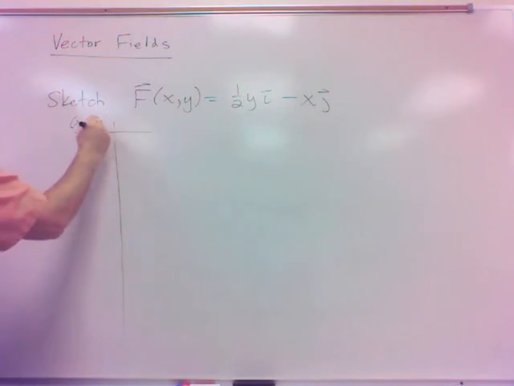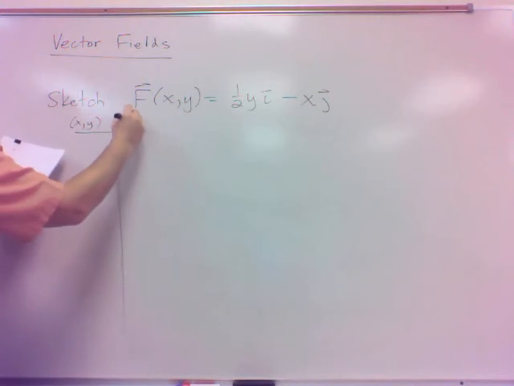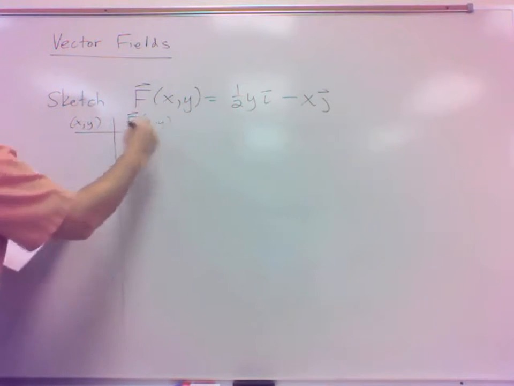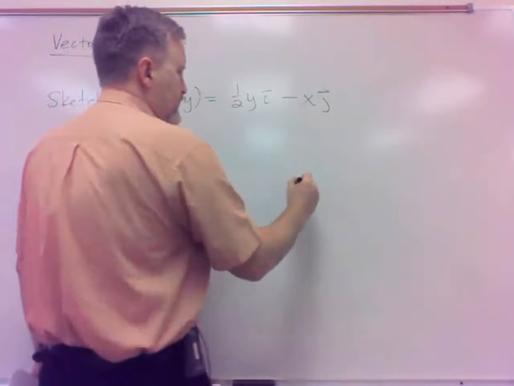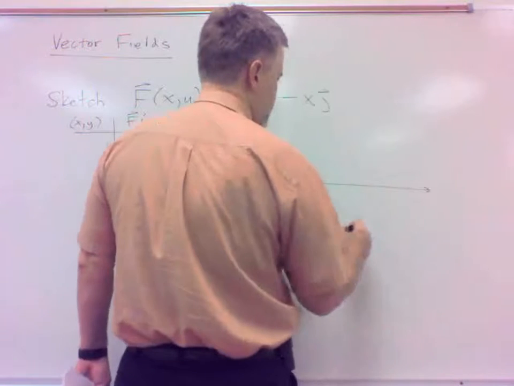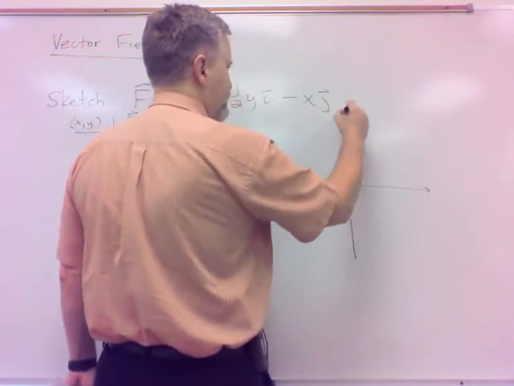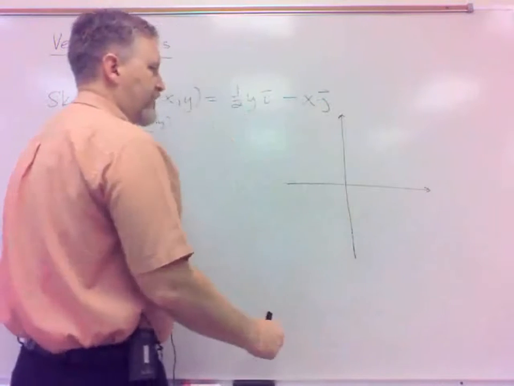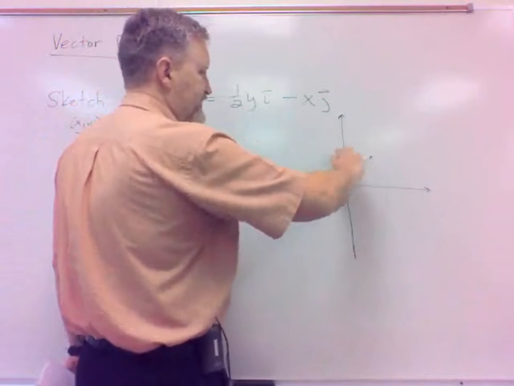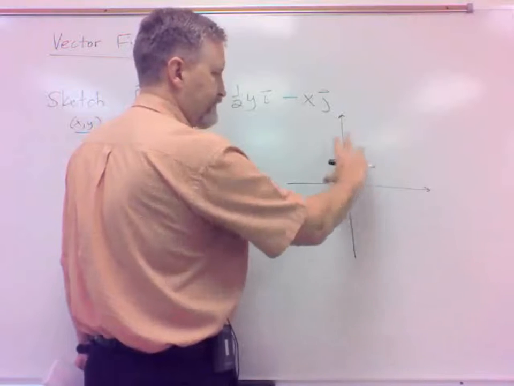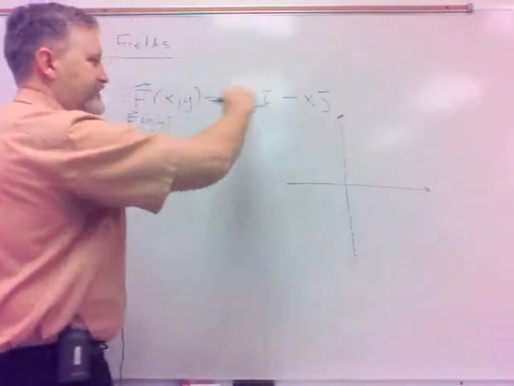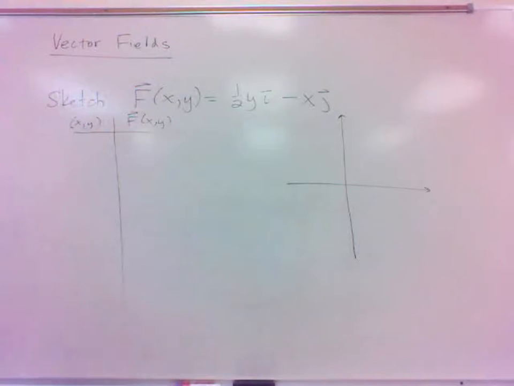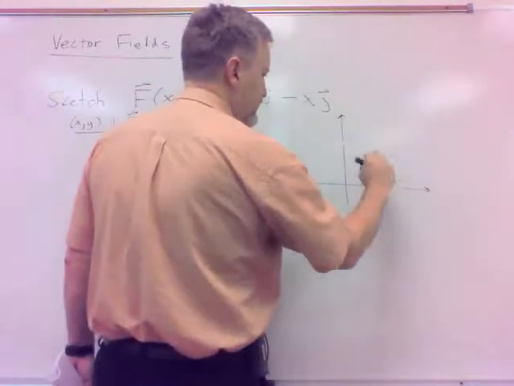All right, so we've got x, y, and then over here we'll put our F of x, y values. So if you're thinking about those wind charts, what you kind of see is what's happening as you get further and further out, kind of in a circular way.